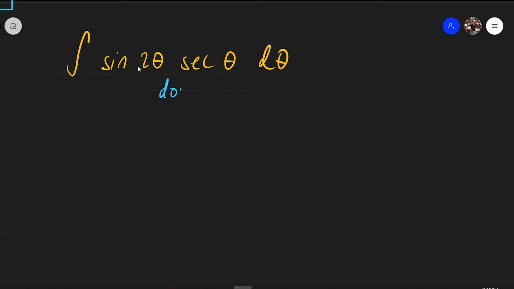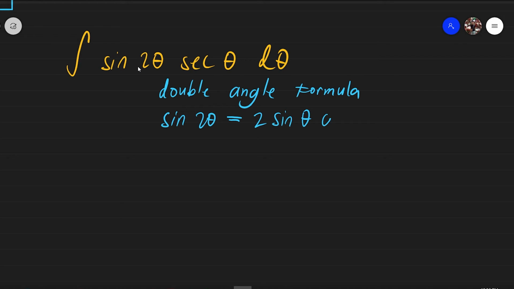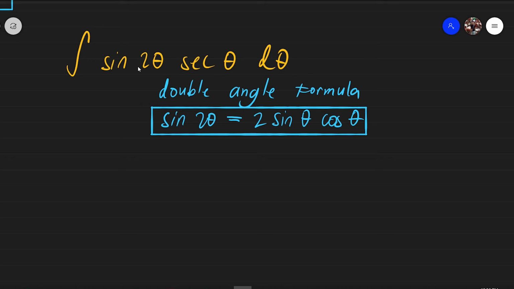For sine 2 theta, this is actually equal to 2 sine theta cosine theta. I believe you are familiar with these trigonometric identities because you are done with trigonometry already, so you have to be familiar with these identities.